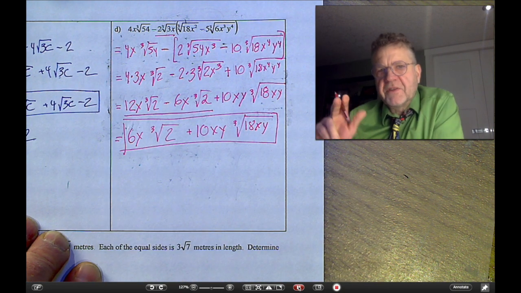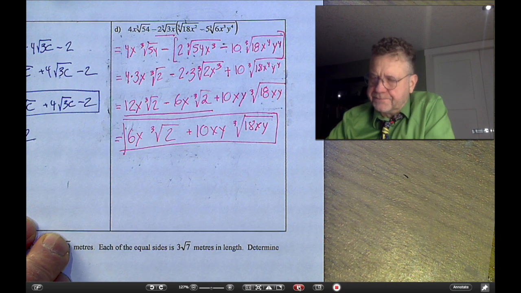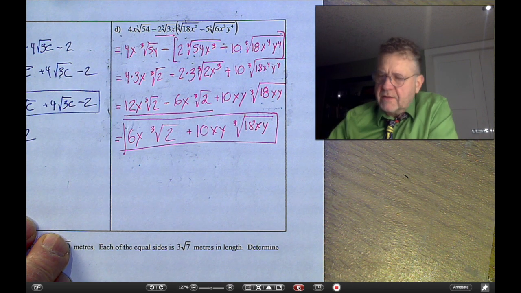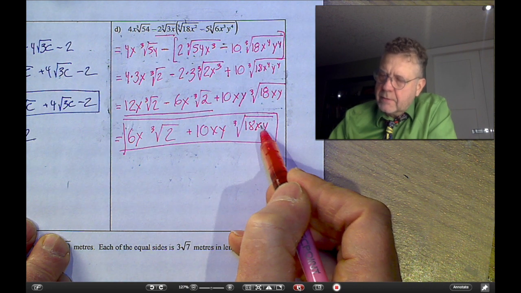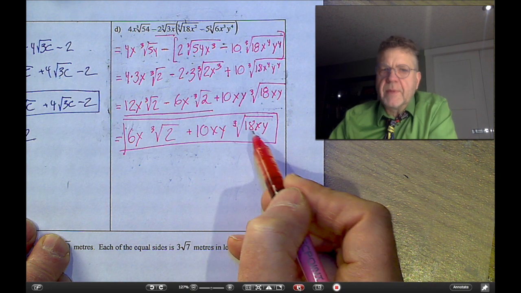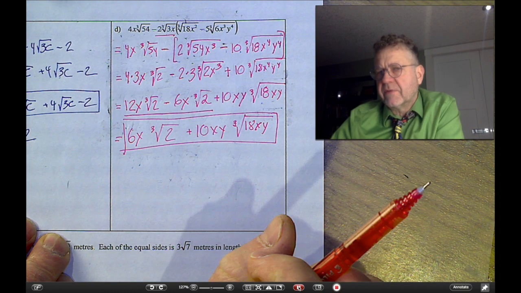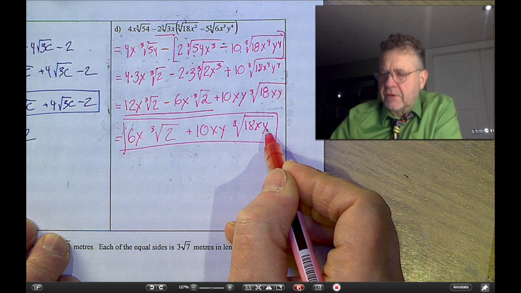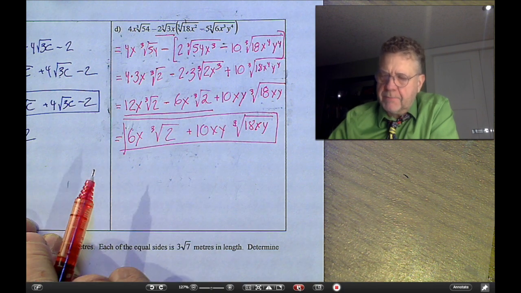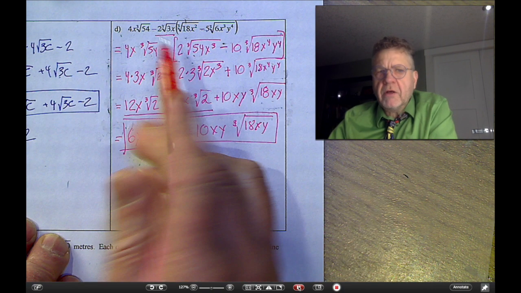We're not done. You still got to look for restrictions. Now, if you take a look here, because it's a cube root, remember you can take the cube root of a negative number. So x and y do not have to be greater than or equal to 0 here or here. Okay. Anywhere else? No, it's all cube roots.